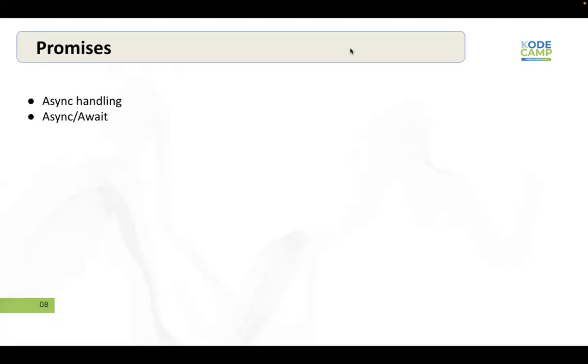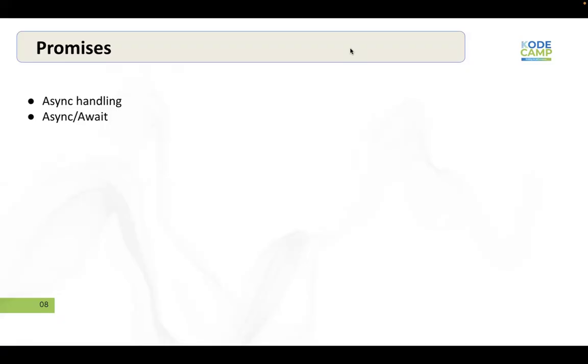So we have promise methods and patterns. For static methods, we have all, allSettled, race, resolve, and reject. Promise.all waits for all promises to resolve. Promise.allSettled waits for all promises to complete, that is, either they succeed or fail.